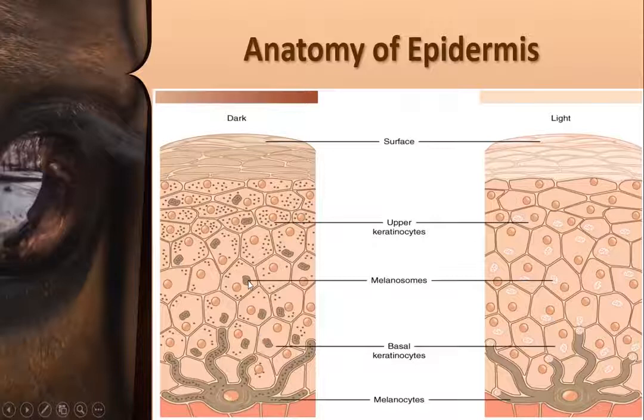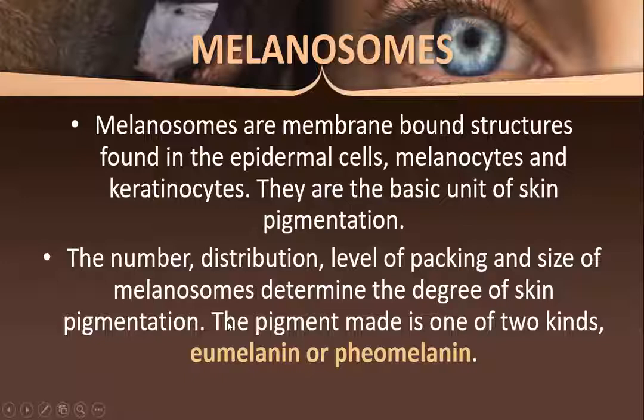Within keratinocytes you can observe a membrane bounded organelle. This membrane bounded body is known as a melanosome. Melanosomes exist in the melanocytes as well as in keratinocytes. They are the basic unit of skin pigmentation.